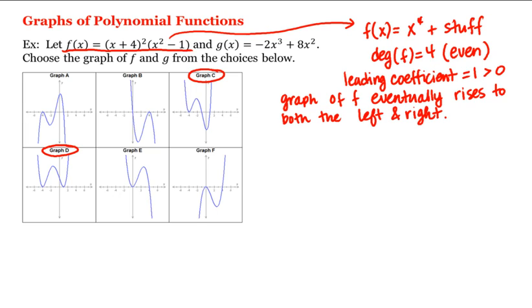If a 0 has an odd multiplicity, then the graph of f crosses the x-axis at that 0. But if a 0 has an even multiplicity, then the graph of f will touch the x-axis at that 0. So let's write that here.